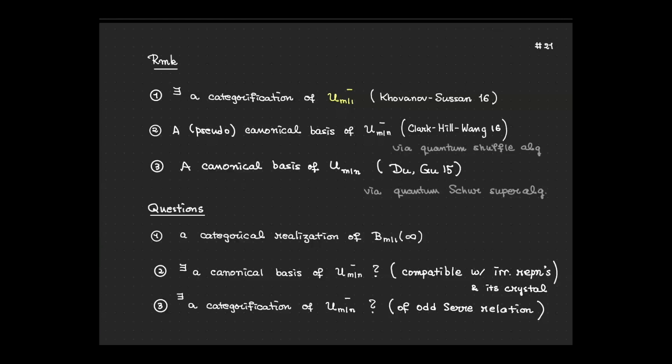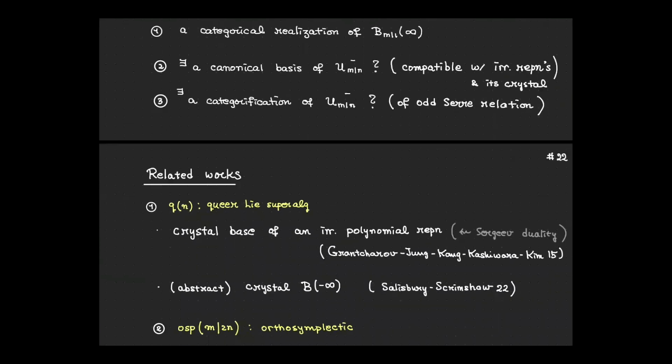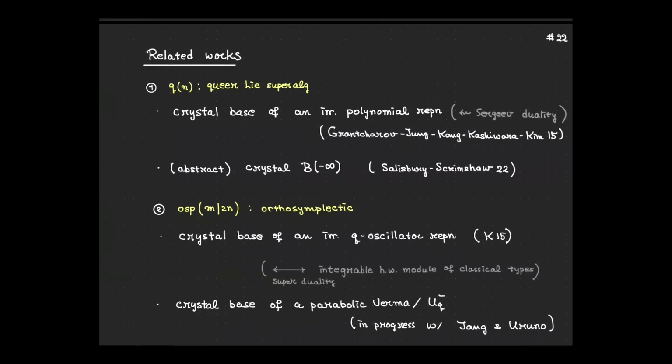So finally, in the last couple of minutes, let me mention some related works on the crystal basis theory for the basic classical Lie superalgebra. For the QN, the periplectic or queer Lie superalgebra, there is a work by GJKKK, where they show the existence of a crystal base of the irreducible so-called polynomial representations.